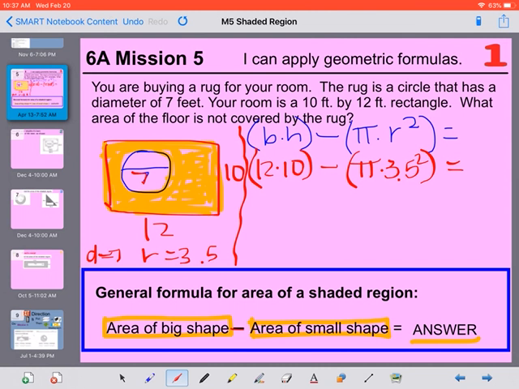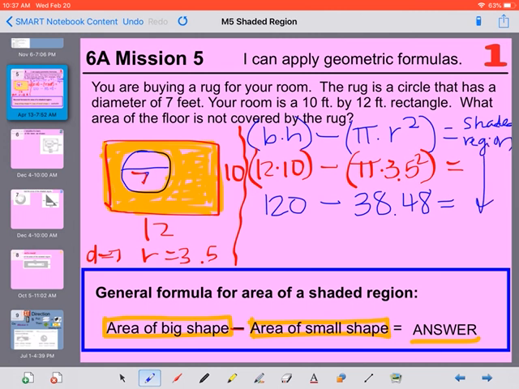So if we plug these into our calculator, 10 times 12 gives us 120 minus pi, I'm going to just plug this in, pi times 3.5 squared gives me 38. I'm going to just do 2 decimals, 0.48. And that's going to give me the area of the shaded region.